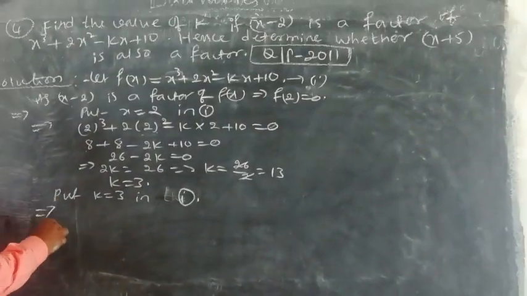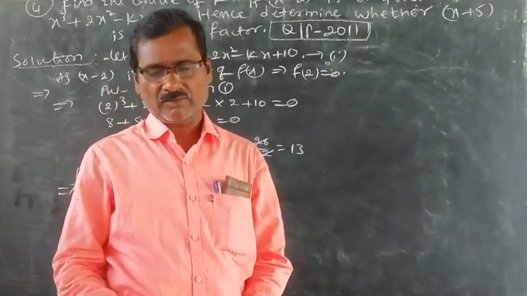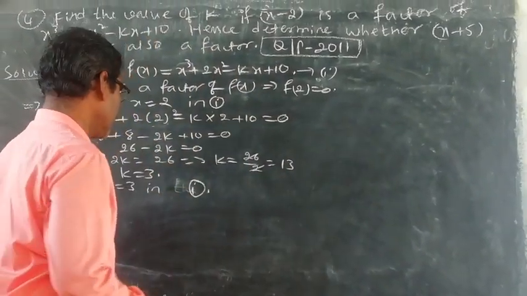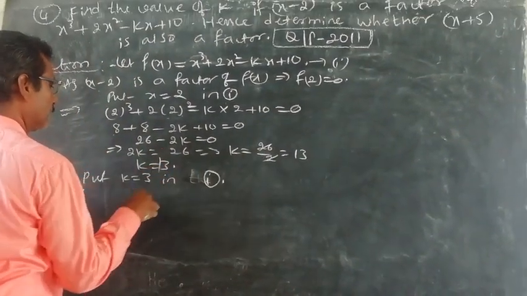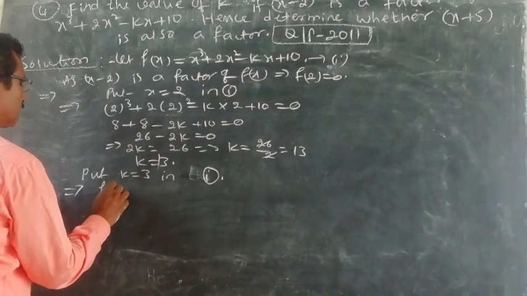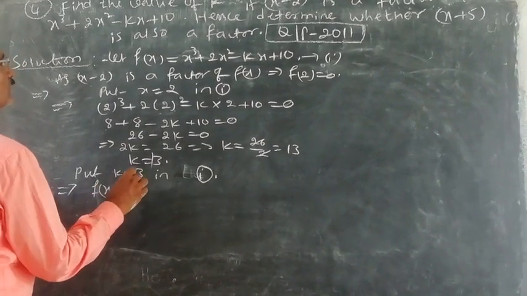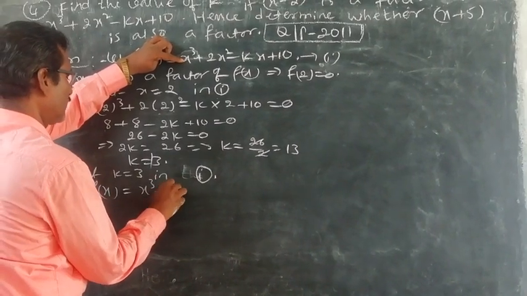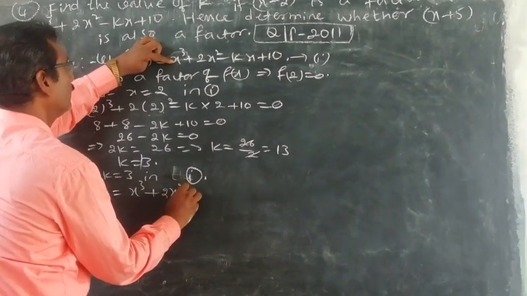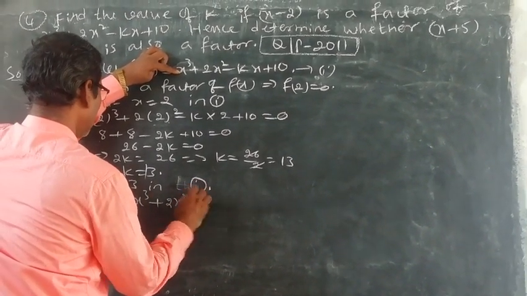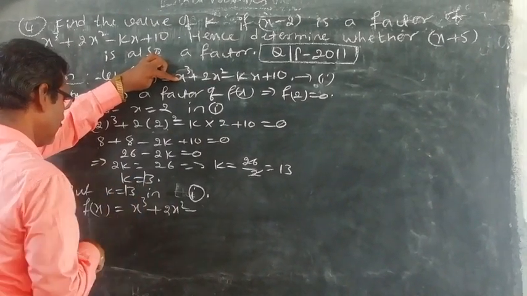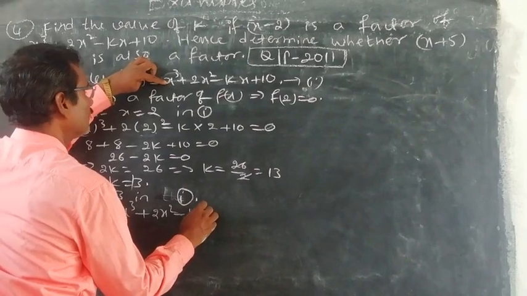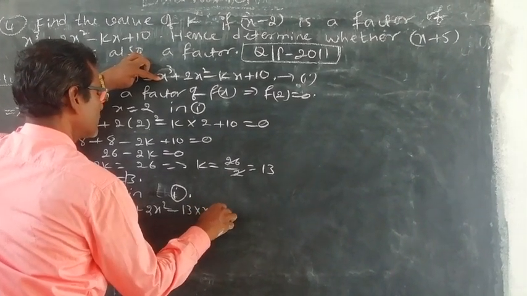So putting the value k is equal to 13, we get f(x) is equal to x cube plus 2x square minus 13 into x plus 10.